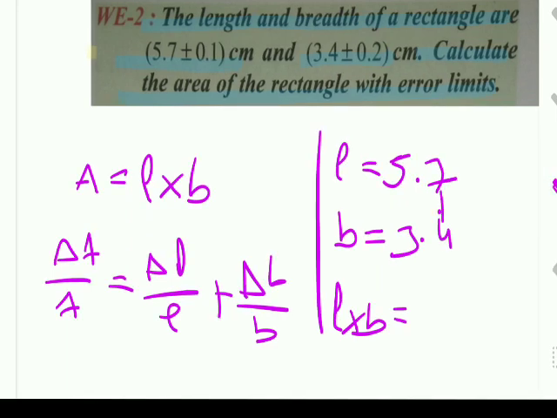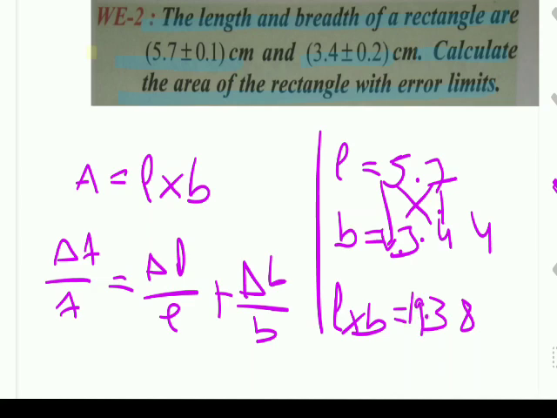7 fours are 28, 2. 7 threes are 21, 5 fours are 20, 41. 41 plus 2, 43, 4 and 3. 5 threes are 15 plus 4, 19.